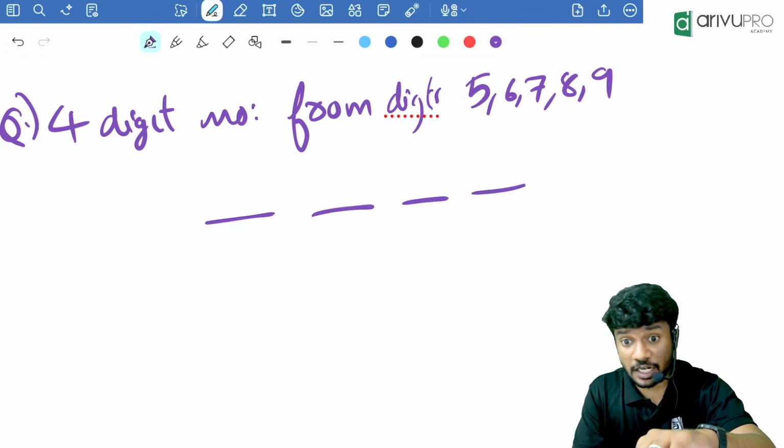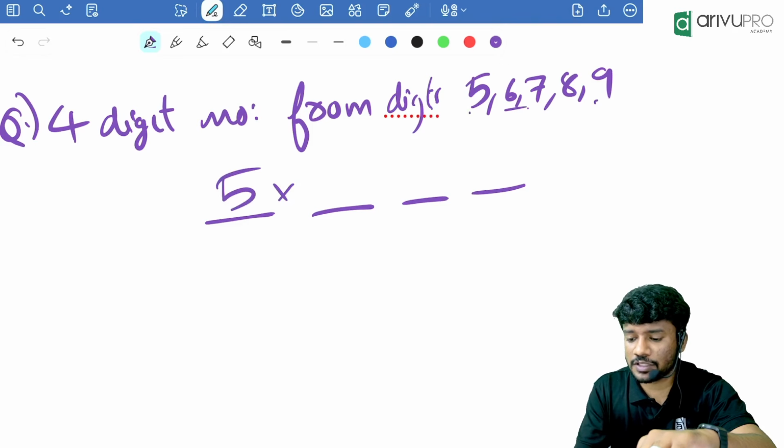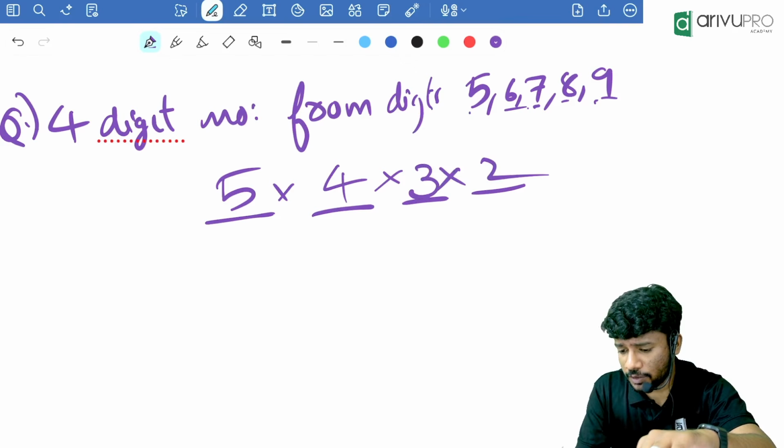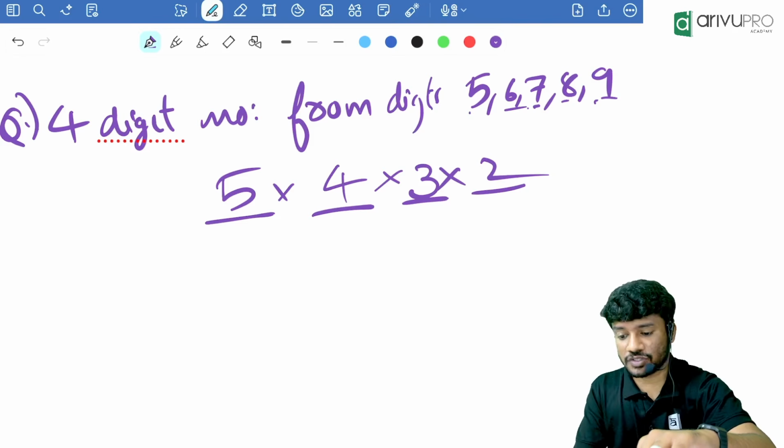Is there any condition over here? The only condition is a 4-digit number. Now, how many can sit in the first place? Directly we can put 5. If one already sat, how many are remaining? 4. If 2 already sat, how many are remaining? 3. If 3 already sat, how many are remaining? 2. So the answer is what? 5 into 4 into 3 into 2 into 1. That is the first case.